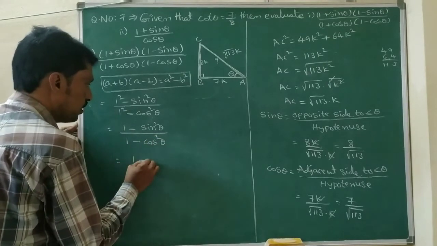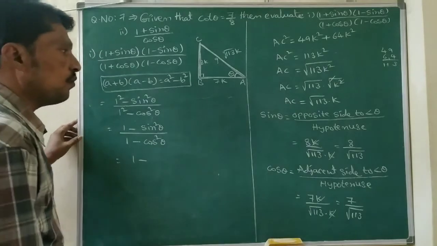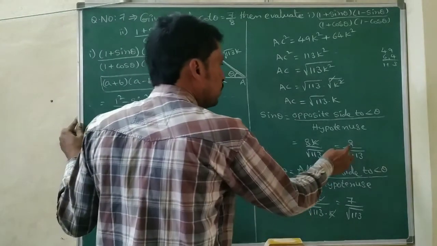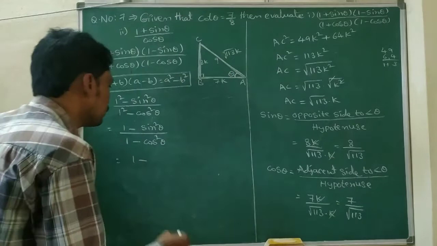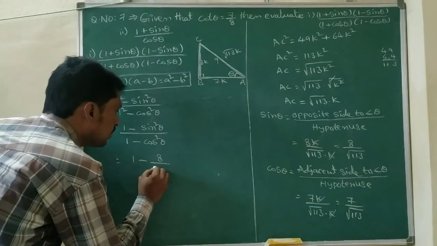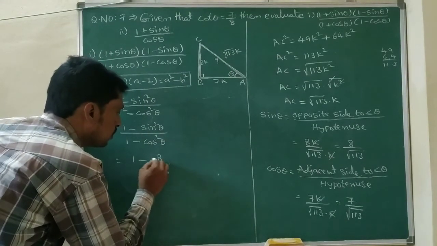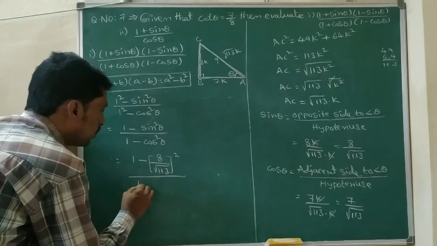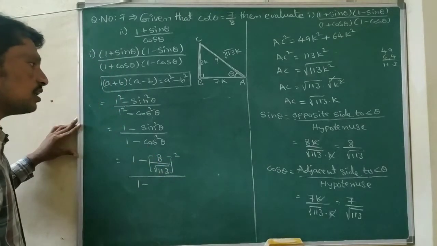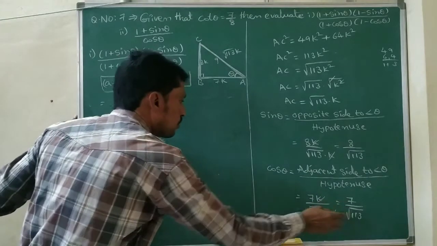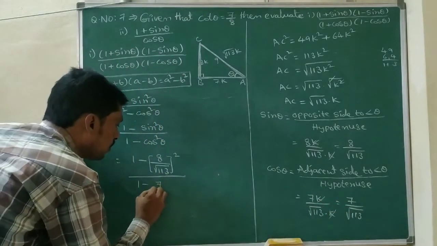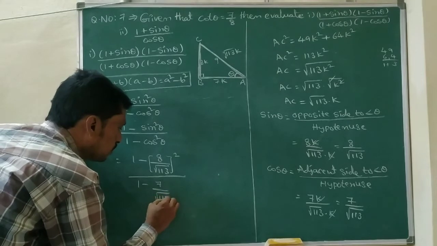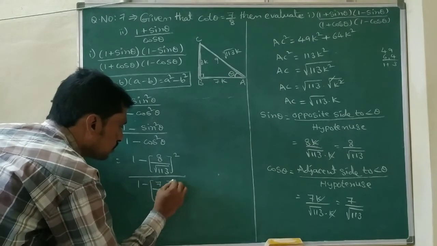That equals 1 minus sin value we know. What is the value of sin? 8 by under root 113, whole square, whole by 1 minus cos theta. Cos theta value also we know, 7 by under root 113 whole square.